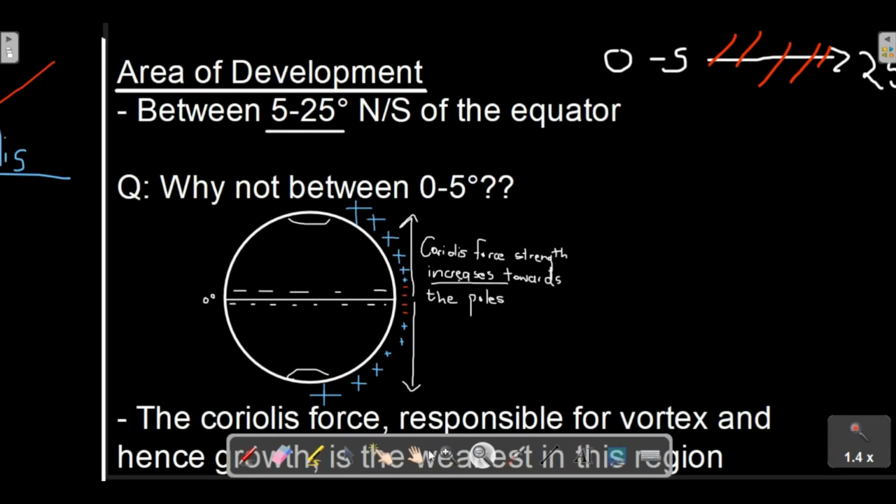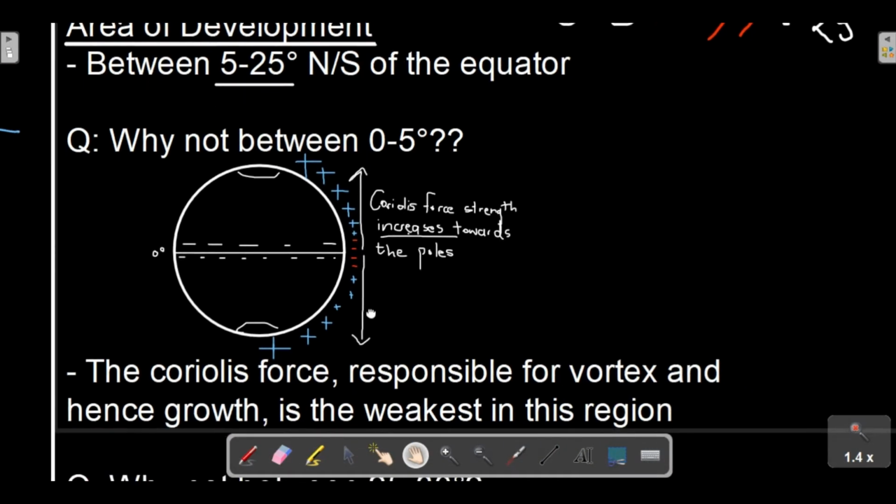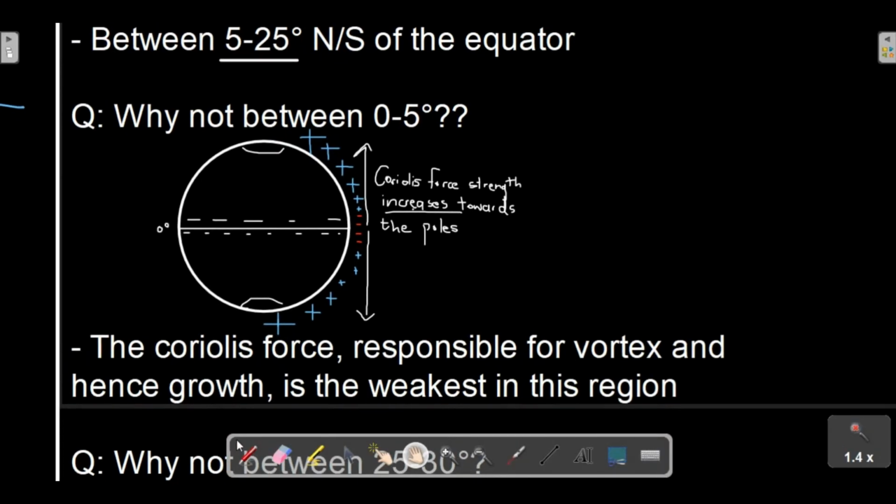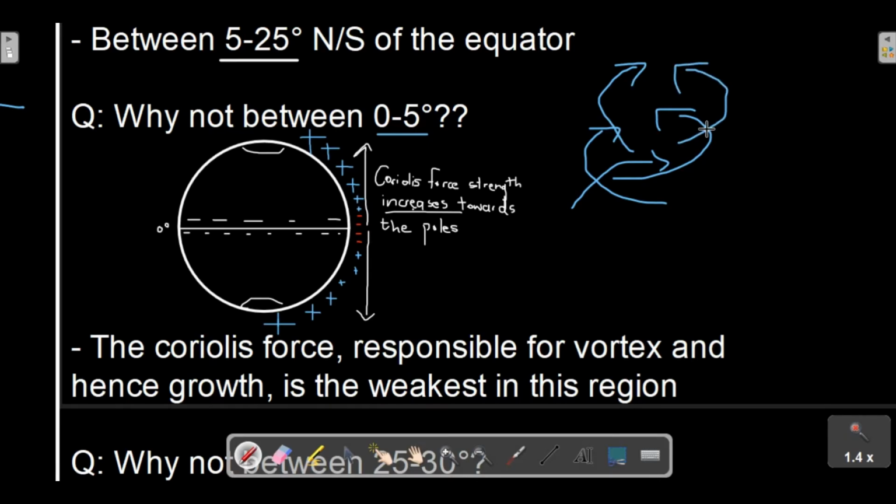So that goes straight to answer your question. The reason why tropical cyclones do not develop between 0 and 5 is because the Coriolis force is too weak to promote the spiraling of air, and hence the development of a tropical cyclone.